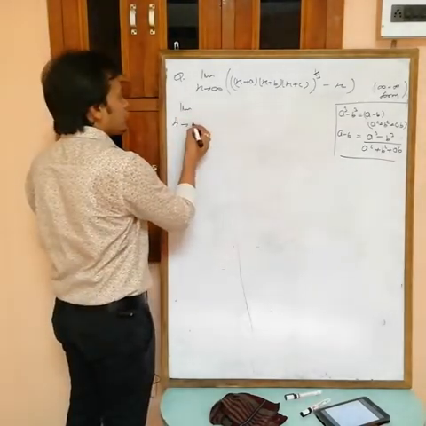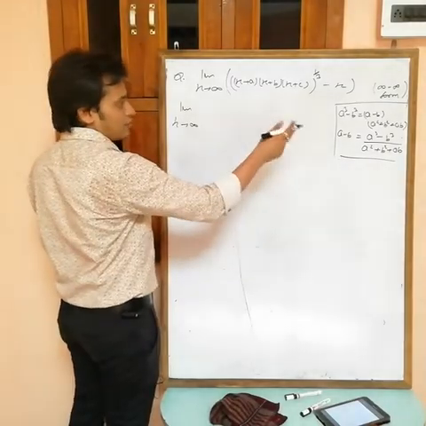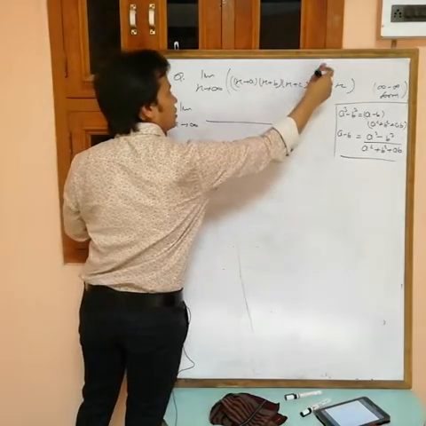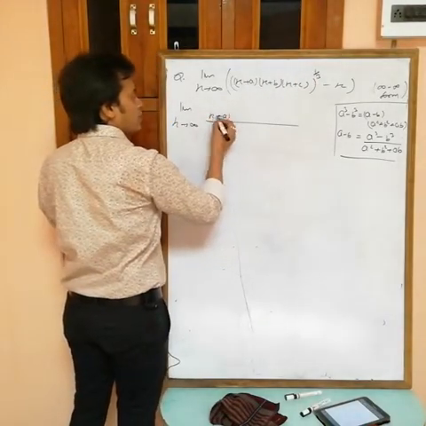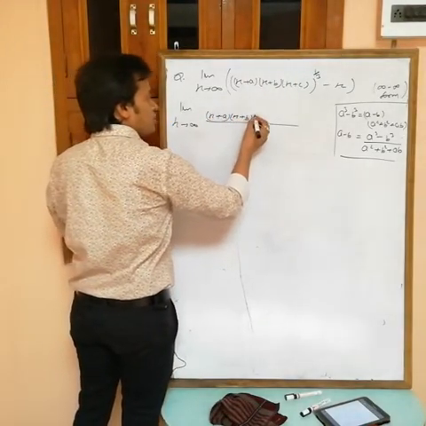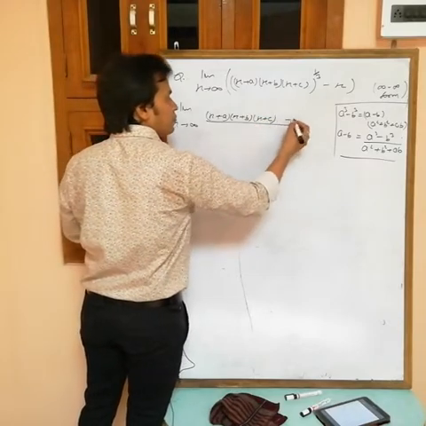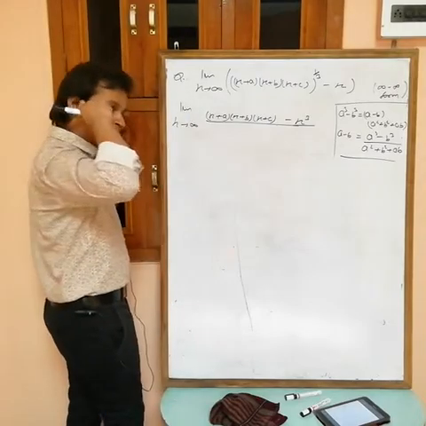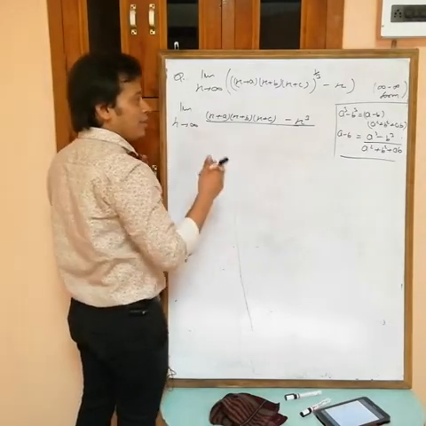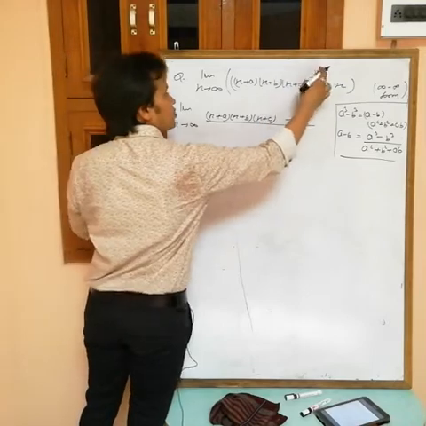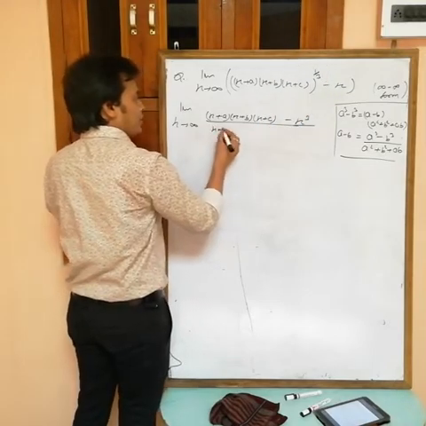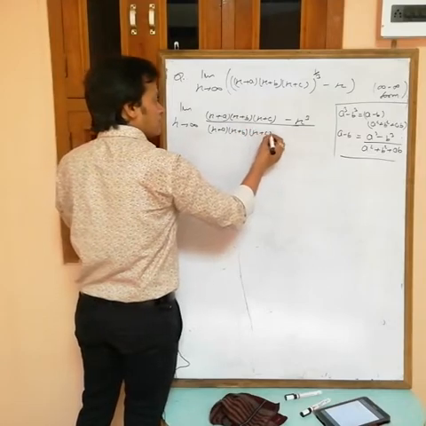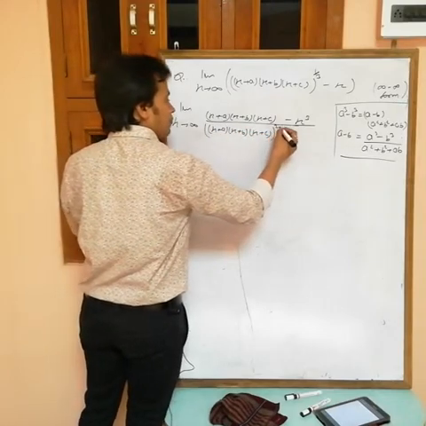Limit x tending to infinity, I will use this one, a minus b equals a cube minus b cube by a square plus b square plus ab. Here a cube is this one power cube, the 3 cancels out, so we get x plus a, x plus b, x plus c minus x cube. By a square, this one squared is power 2 by 3, x plus a, x plus b, x plus c power 2 by 3.